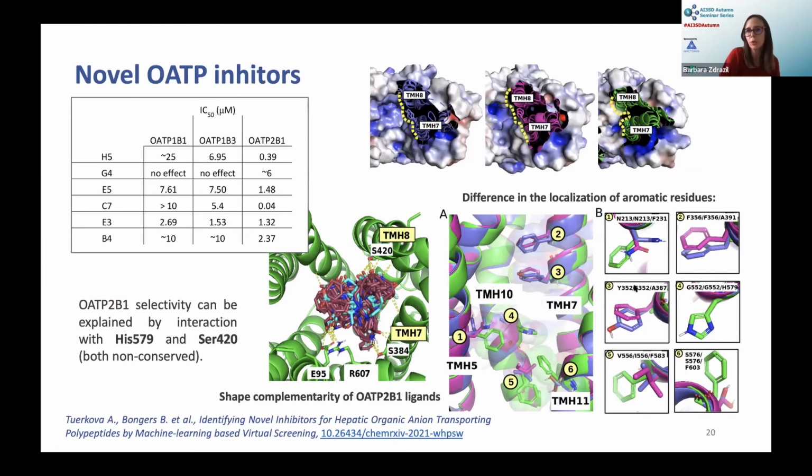And what is also an effect of this is that within, or in between, TM7 and 8, there is more space because there are no aromats here. So it seems that compounds can much nicer accommodate here and really form this binding pose that looks like a shape complementarity of these ligands. So if you want to know more about this, download our preprint.